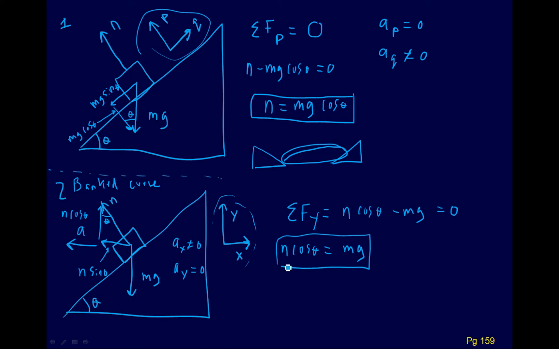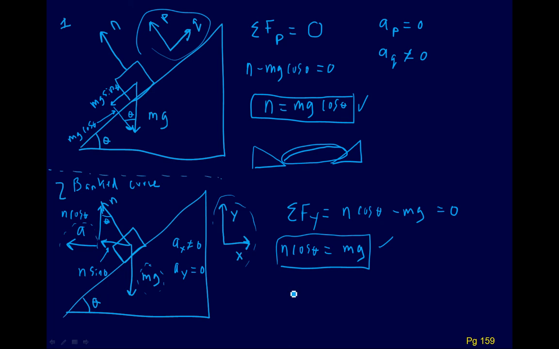And so a couple of things, I'll make a comment here. Over here, the normal force is exactly just enough to balance out the cosine component of mg. Over here, the normal force is doing a couple different things. First of all, the normal force is what's balancing out the mg, as we see from here, but also the normal force is what's responsible for this acceleration.